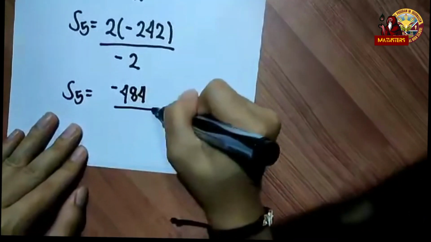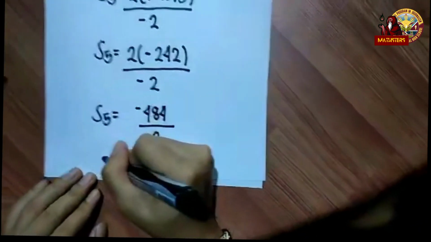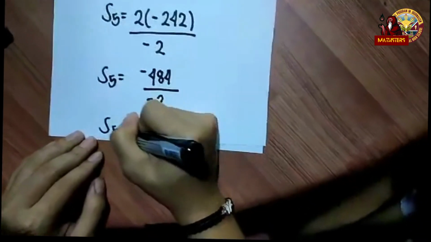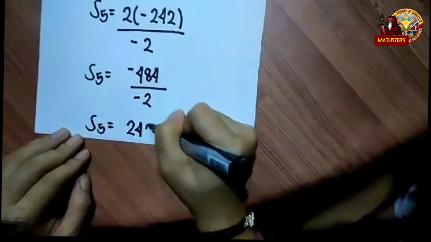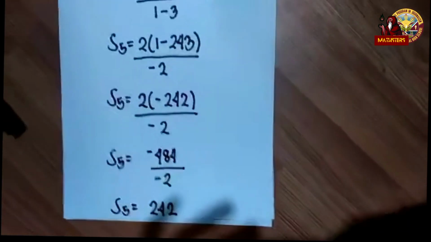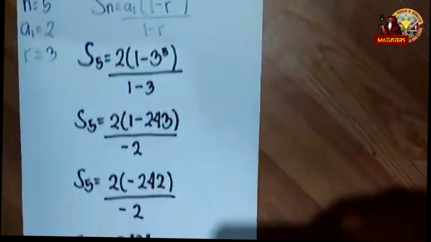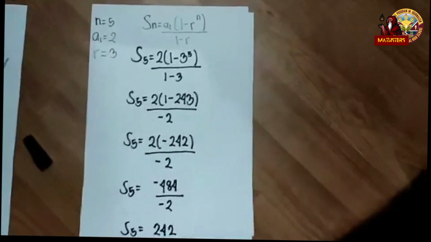Divide negative 2 to negative 484. And the sum of the first five terms of the sequence is positive 242. And that's how you get the finite series of a geometric sequence.